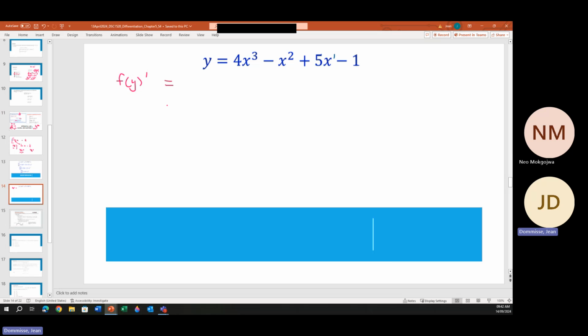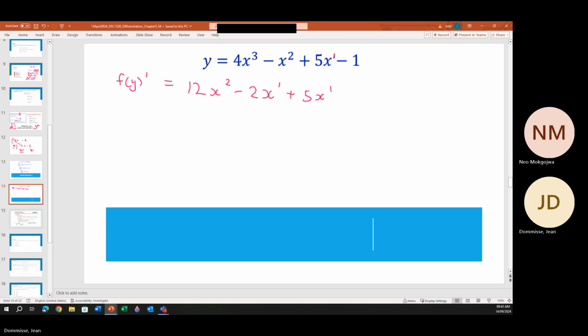In this one it is straightforward with the normal rule we've done. So 3 times 4 is 12, then 3 minus 1, so it's x to the power of 2. Then it becomes minus, the 2 goes to the front, x to the power of 2 minus 1, so just to the power of 1. Then we have 5. Remember, there's that hidden 1, so 1 times 5 is 5.